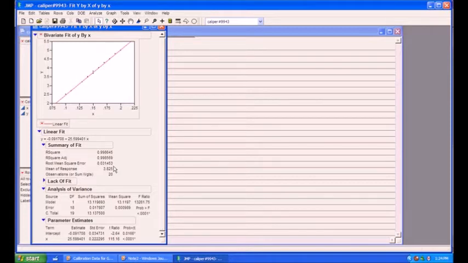In the first place, there is on this JMP report a quote-unquote root mean squared error up here in this summary of fit, and that number is 0.031453. That, by the way, is the square root of this number down here, which is the mean square error. This is my estimate of sigma.